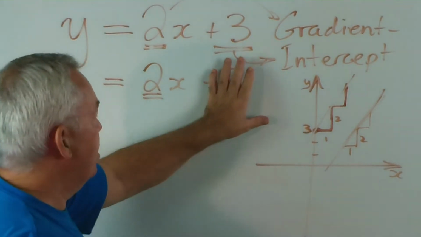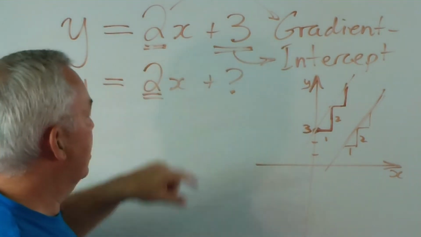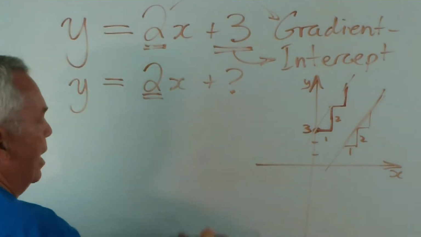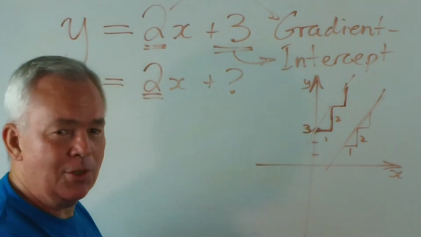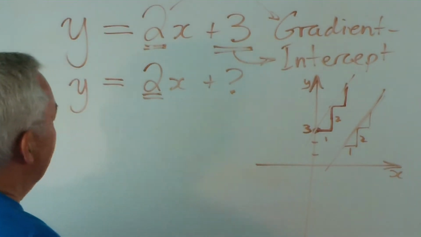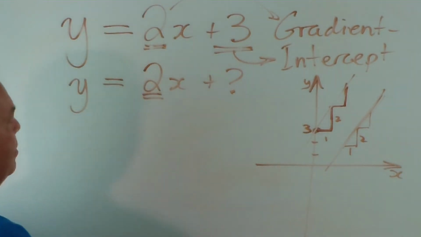We just don't know where it is yet, but this line is parallel to that one. Now, how do we find this? There are two ways it's done traditionally. I haven't shown you my shortcut yet. It really doesn't apply quite to this expression. But the two methods are these.